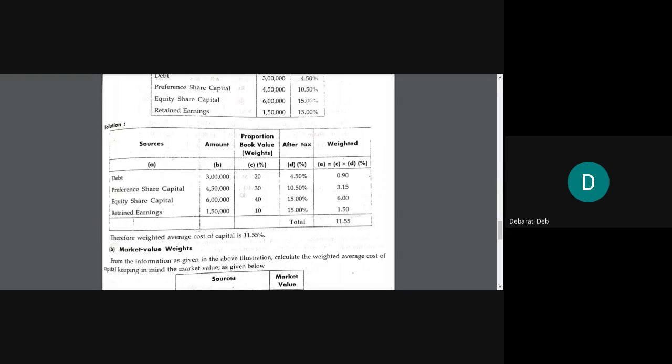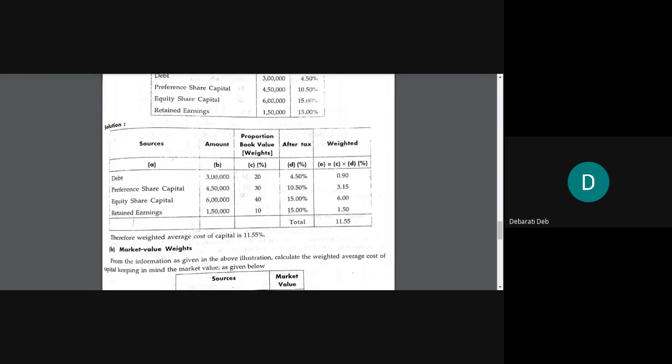Third column is proportion, book value weights. These are also called weights.